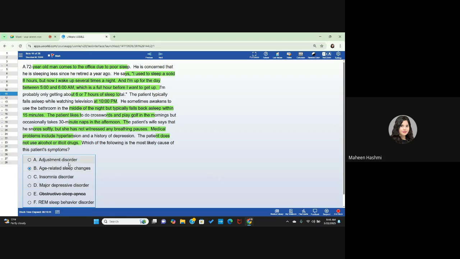What do you mean by adjustment disorder? Like if he had lost his job in the last few months, or had something like that which was disturbing him constantly. Yeah, so there is a time frame. If it is greater than 2 to 3 months, then adjustment disorder will be classified as what?